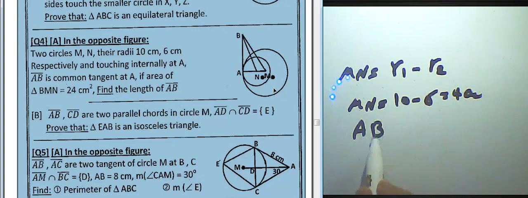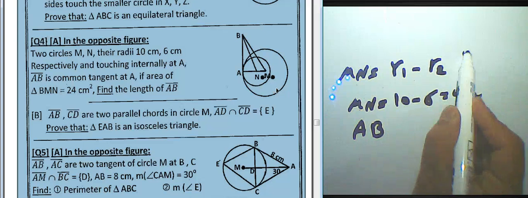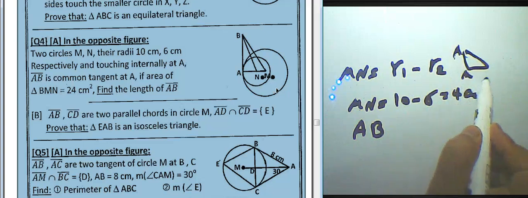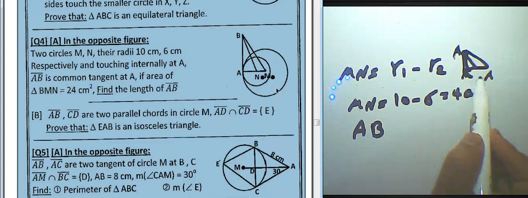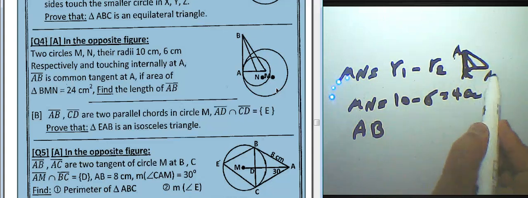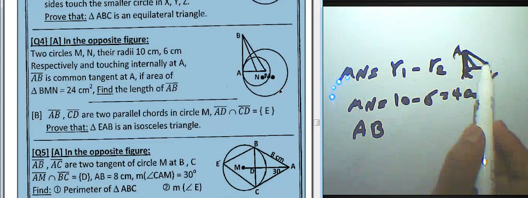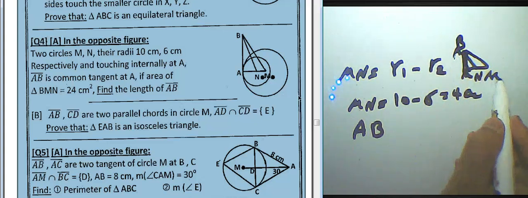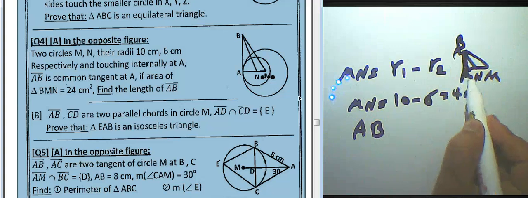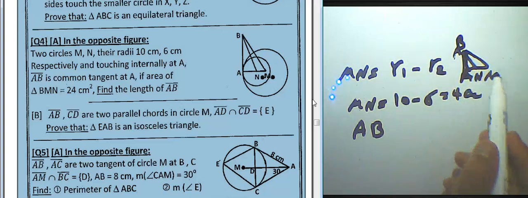AP is the height, the altitude of triangle AMN. We have triangle AMN here, and it's called the altitude. We have the triangle PNM again, and AP is perpendicular to MN.